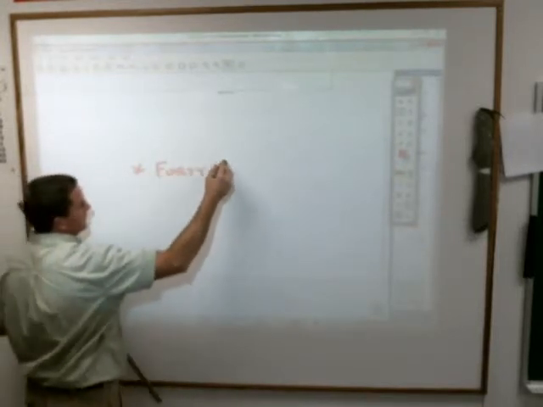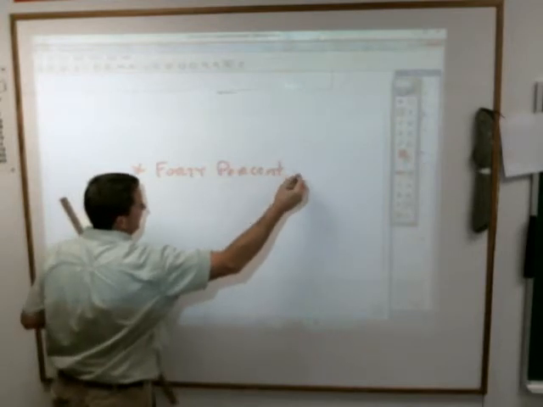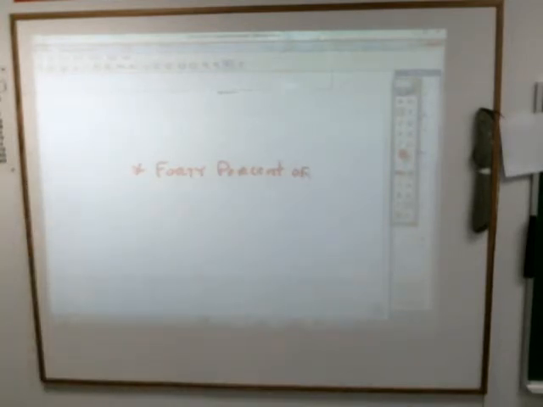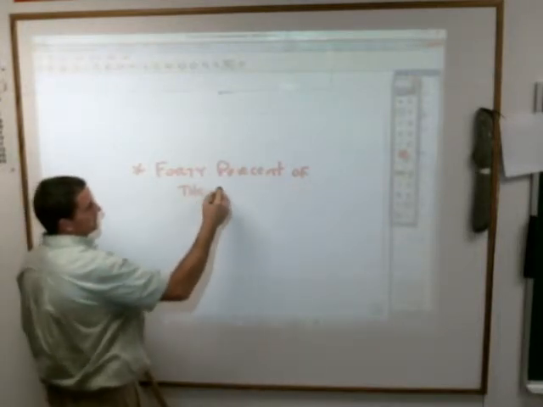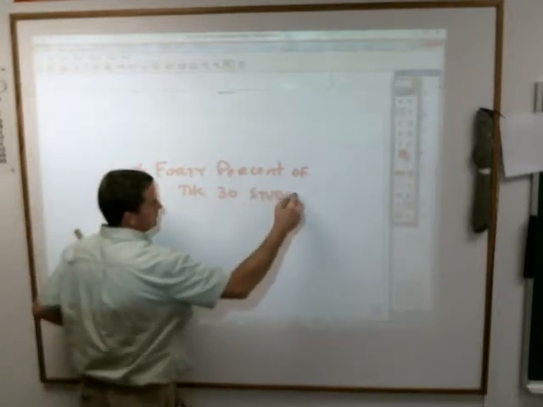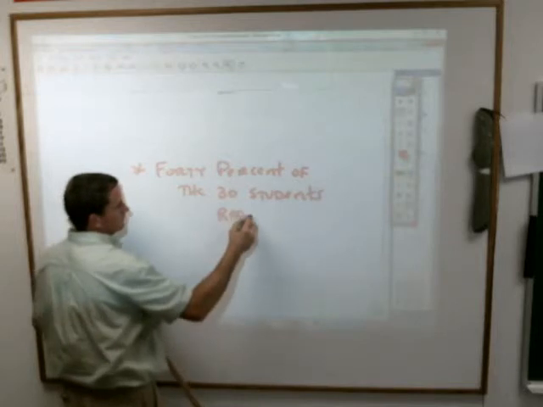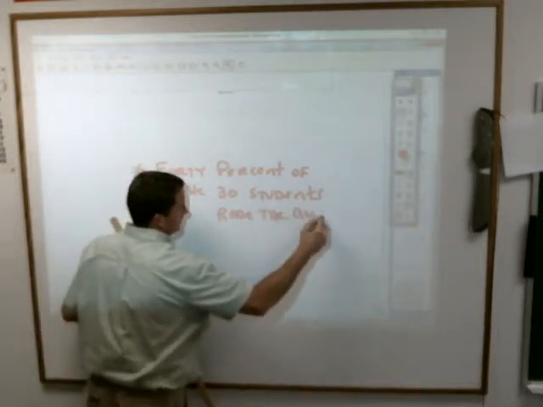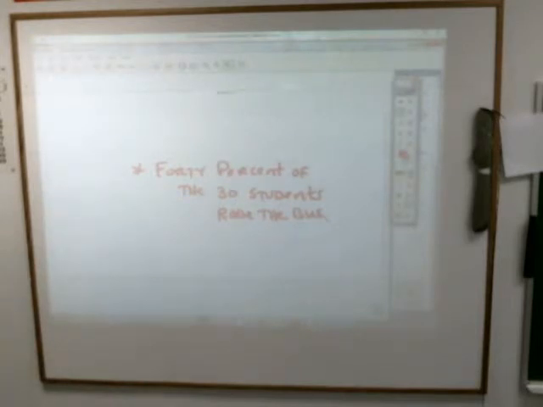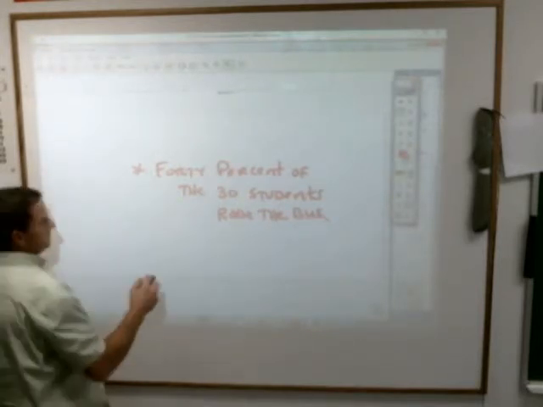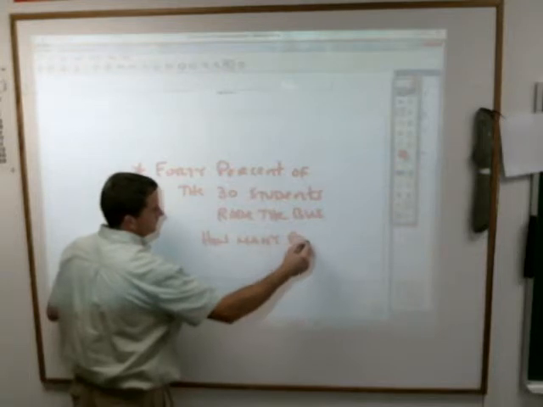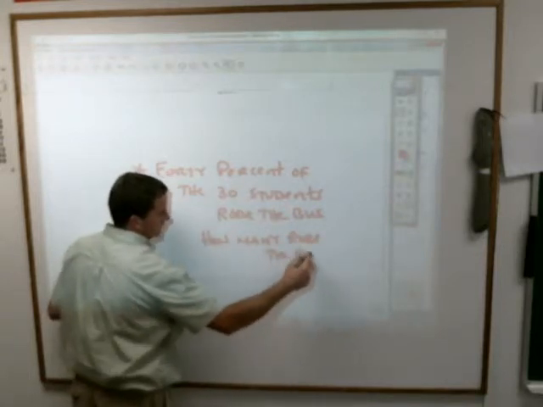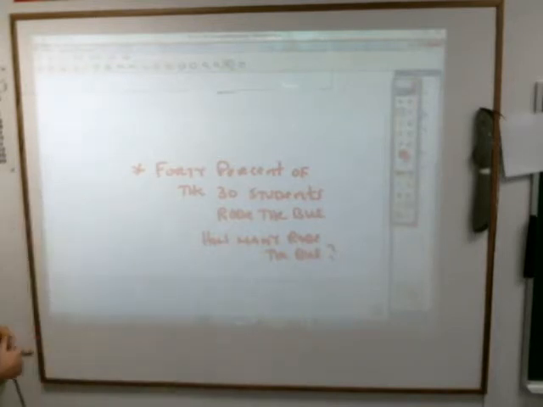Write this one down: 40 percent of the 30 students rode the bus. How many rode the bus?